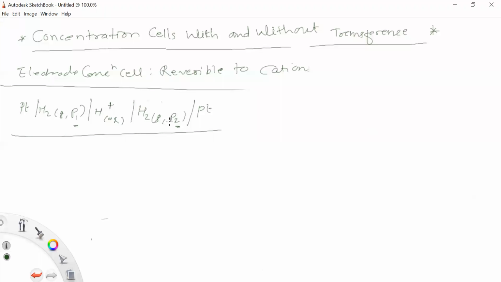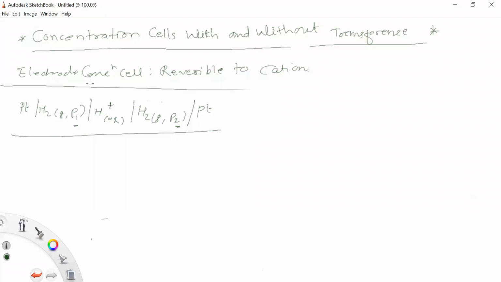In terms of pressures, both electrodes are different, right? And therefore we write P1 and P2. So this is the cell representation of the electrode concentration cell reversible to cation, with these two gas electrodes. Earlier we saw the amalgamated electrodes. Okay, so just keep these things in mind.